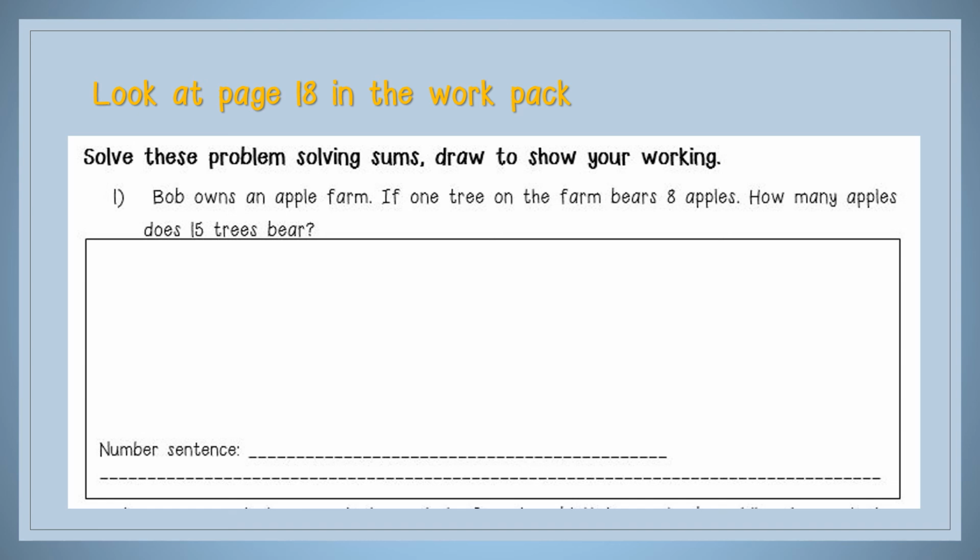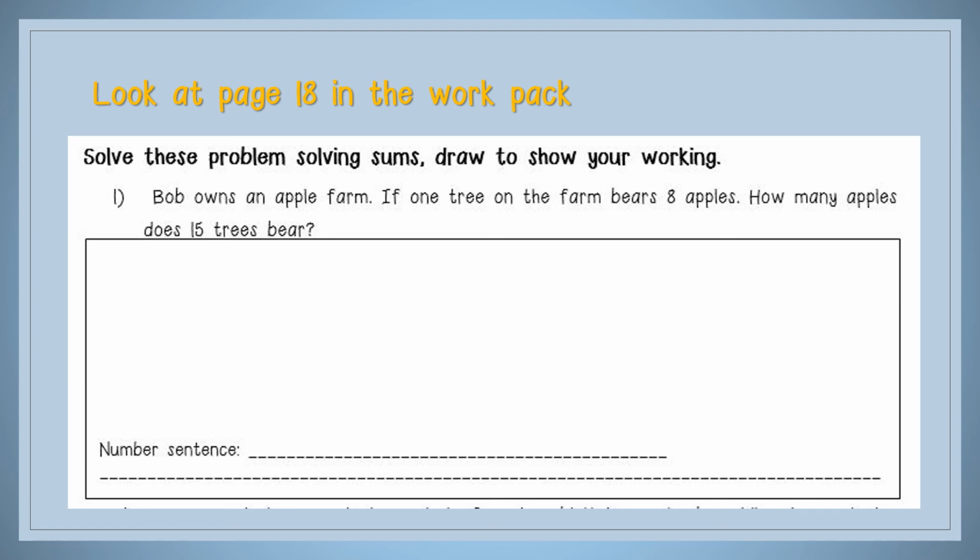And which words are telling us what we need to do? How many apples do 15 trees bear? That is what the question is asking us. It's asking us to find out how many apples there are all together if Bob has 15 trees. So it's telling us that we need to add.